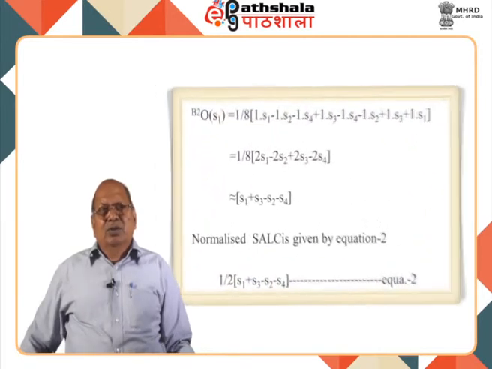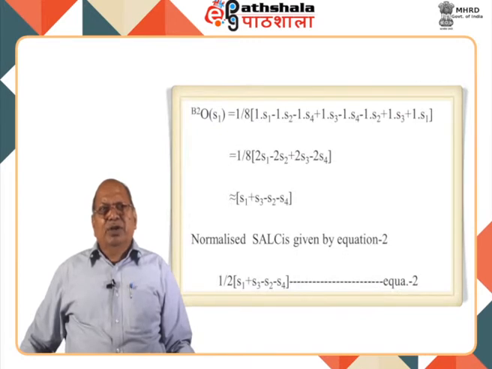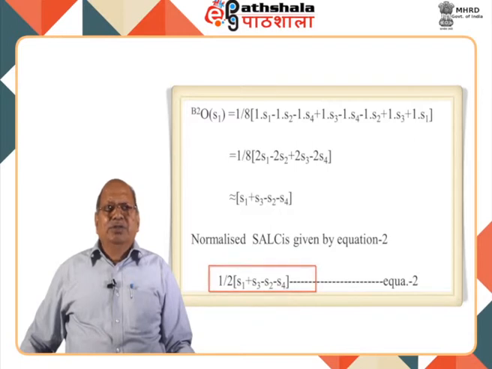Therefore, the result of the operator corresponding to B2 can be written as S1 plus S3 minus S2 minus S4, and the normalized SALC is given by equation 2, which is 1 by 2 (S1 plus S3 minus S2 minus S4).